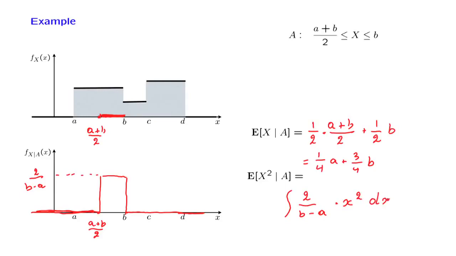And this integral runs over the range where the conditional PDF is actually non-zero. So it's an integral that ranges from (a plus b) over 2 up to b. And this is an integral which is not too hard to evaluate, and there is no point in carrying out the evaluation to the end.